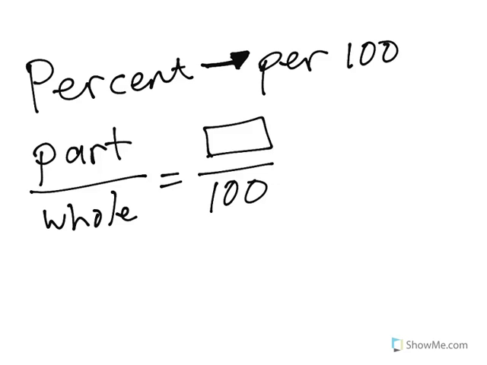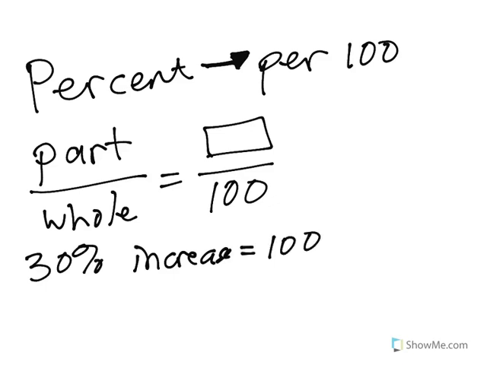So thinking through, if we have a 30% increase, that means we take the base, the whole of 100, and we add 30. That would give us 130%, or 130 over 100 in the part to whole, because the increase means more than the whole.